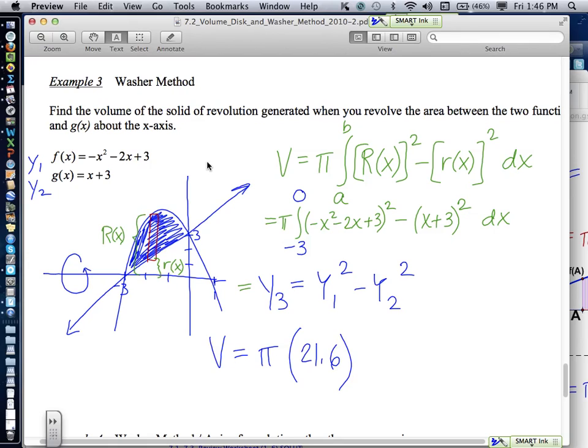Did you have trouble, Karen? You're supposed to put y1 squared minus y2 squared. You got that? Now you graph it. And now you do second calc, option 7. That's your integral.